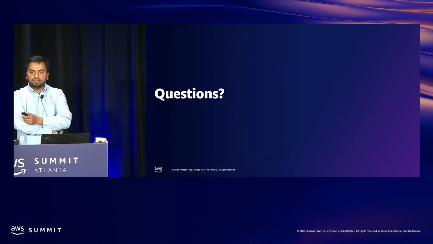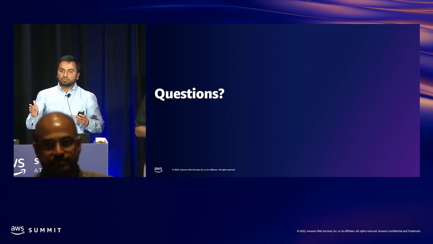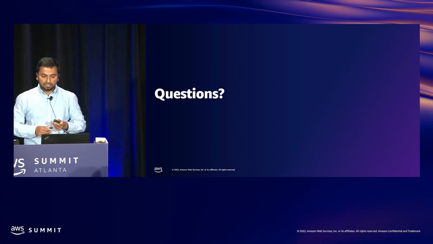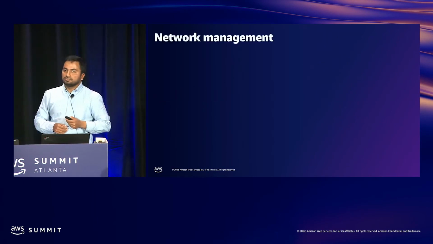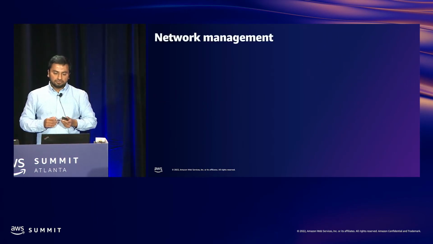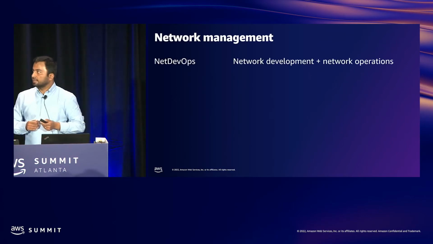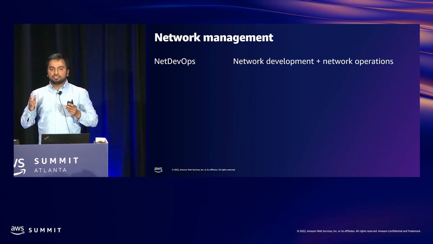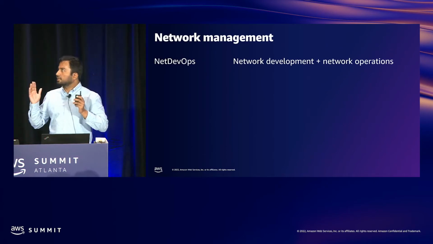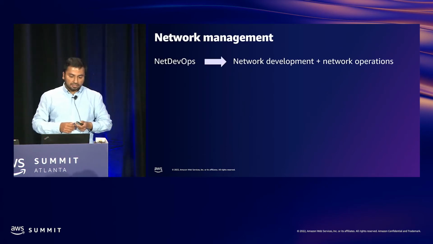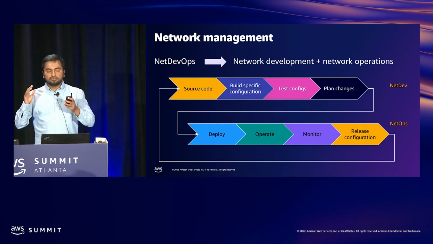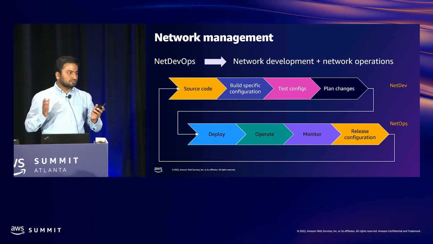So until now, we saw how to monitor your network and how to troubleshoot your network. Now let's see how to manage your network. The way we look at managing your network is through NetDevOps. Essentially, we want to incorporate the principles of network development and network operations. On the screen, you see that you need to have infrastructure as code for your networking.